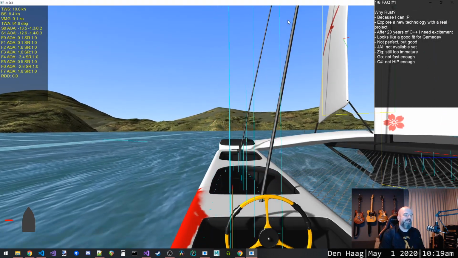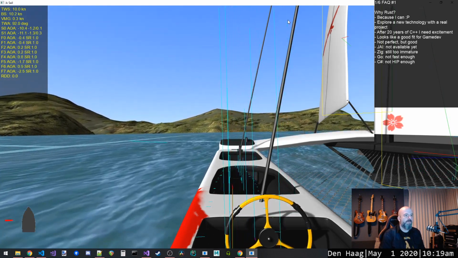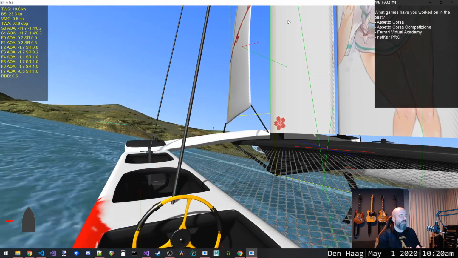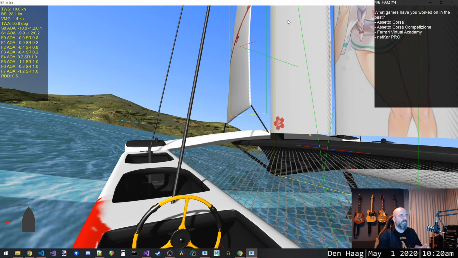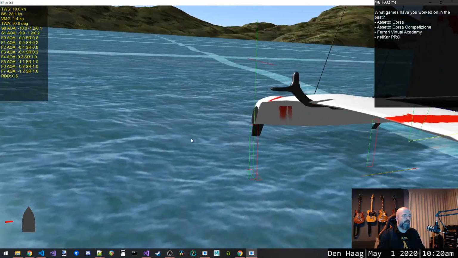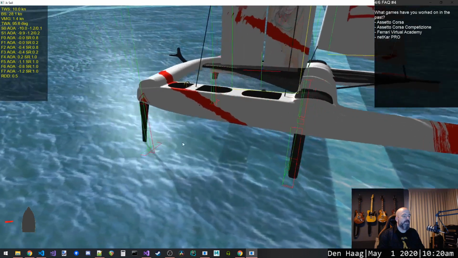And if I keep pointing at that guy, I'm staying on the course that I want. And this is the moment where it starts to get really hard, and I can pause it. And I will be able to go over it and see what is happening, which is really cool.